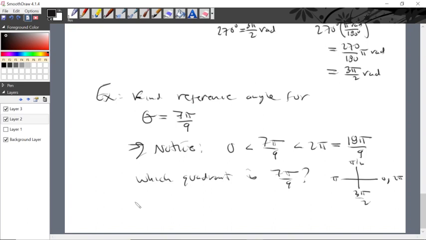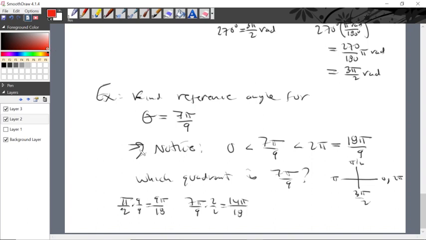Okay. Well, let's see. If pi over 2 and 7 pi over 9 had a common denominator, pi over 2, let's say I multiplied that by 9 over 9, that would be 9 pi over 18. Okay, convert 7 pi over 9 into a number that has a denominator of 18 as well. 7 pi over 9 times 2 over 2 is 14 pi over 18.